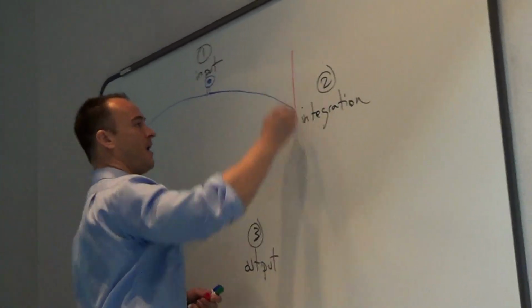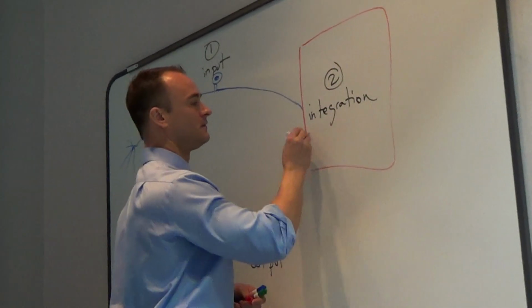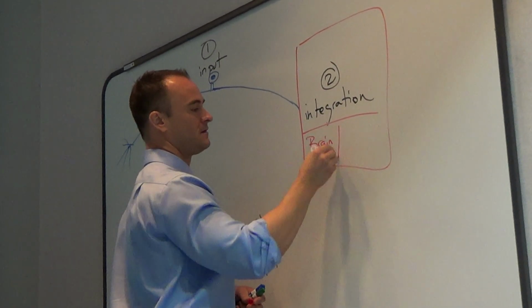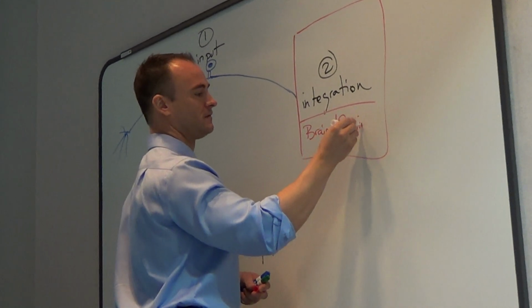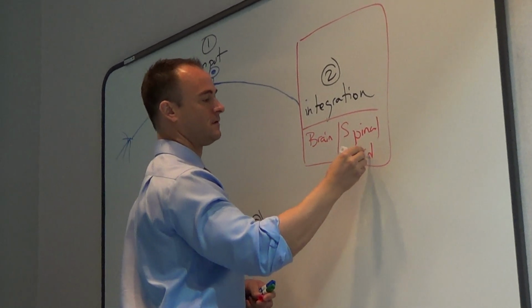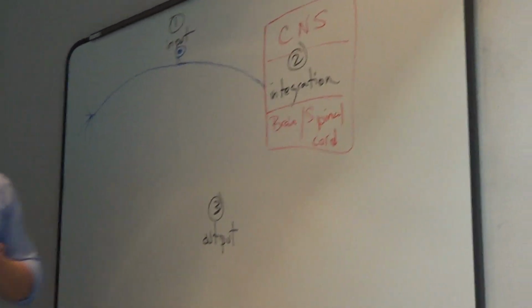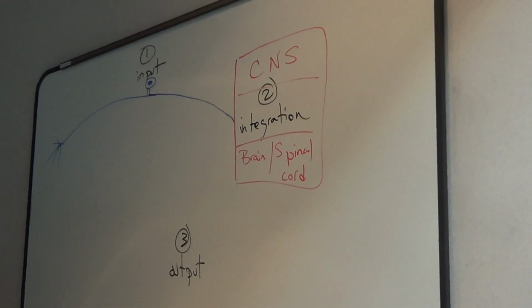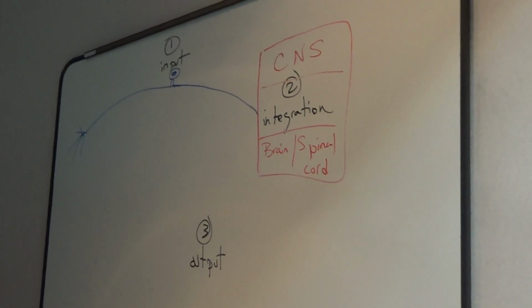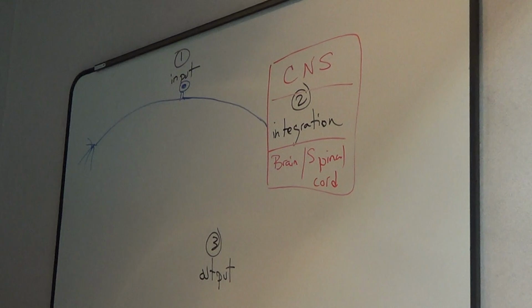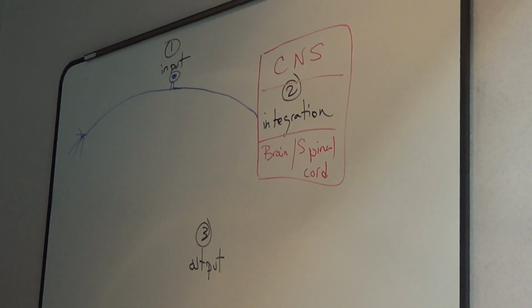So my number 2 box is going to be brain, spinal cord, or we could just say central nervous system, right? Integration and processing of information happens in 2 places.